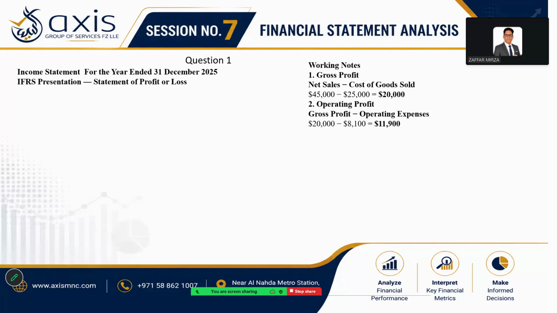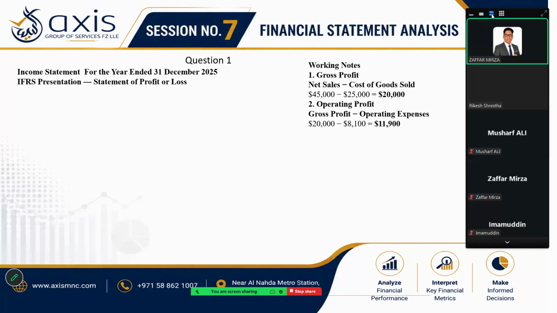Next, what is this after operating profit? After operating profit, what is the next element, Mushraf? Net income. Mamuddin, what is the next element after operating profit?